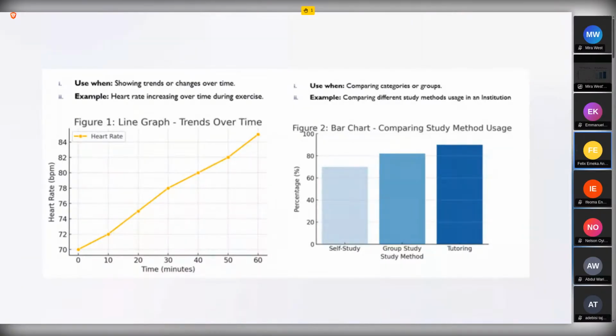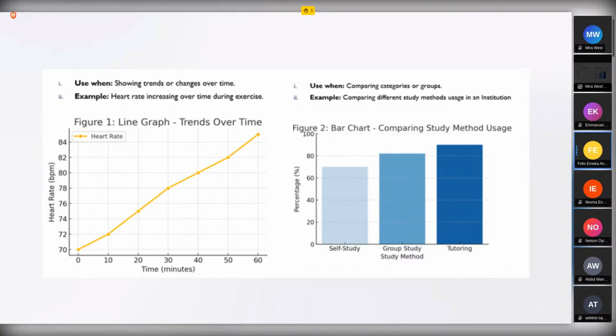All right, because you're dealing with numbers. So once you're dealing with numbers, you want to look at trends, a line graph is the best. But when you're dealing with categorical variables like what I showed you earlier, then a bar chart is the best, especially when you are dealing with 3 or more of these categorical variables.